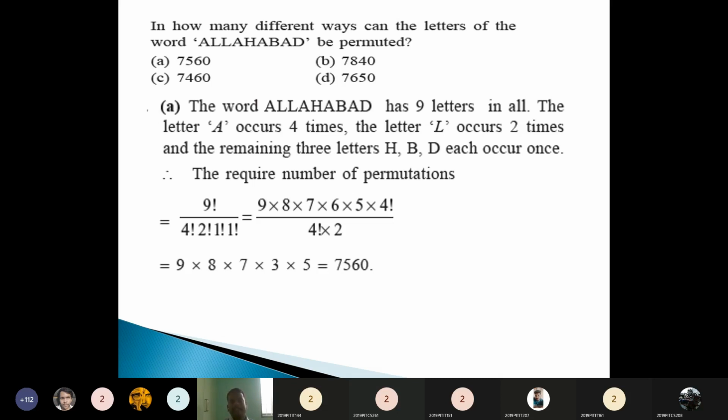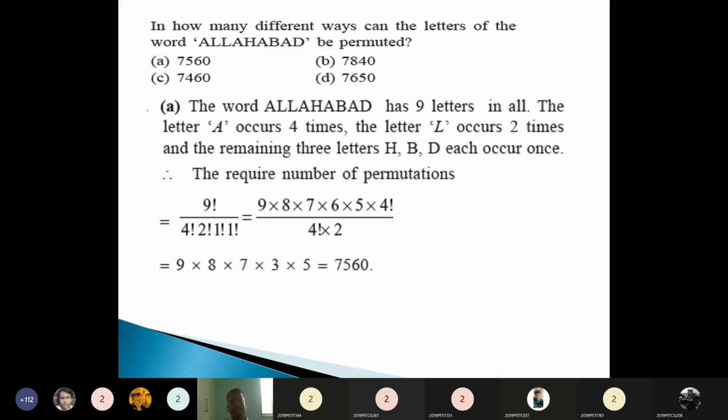For repeated letters, I mean repeated objects, we should divide. So that is 9 factorial divided by 4 factorial into 2 factorial. The 2 factorial is for L, which occurs twice. The remaining letters coming once don't matter, so you omit them and take only the repeated letters.